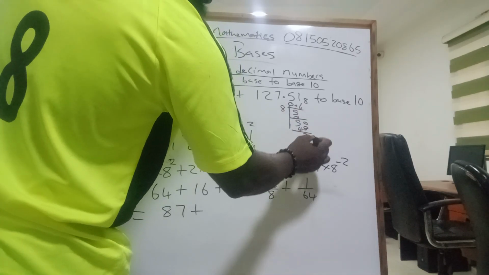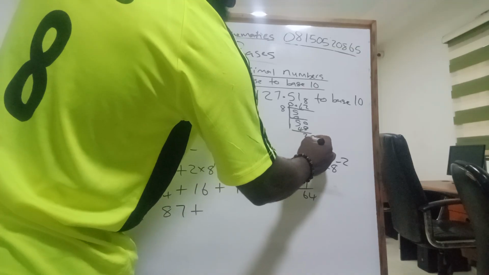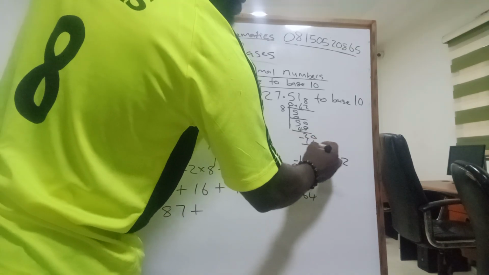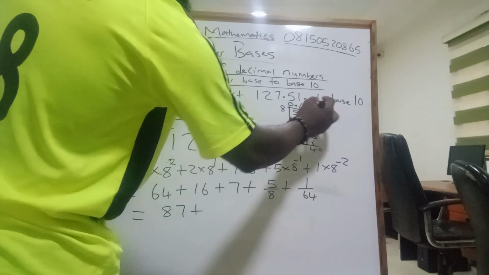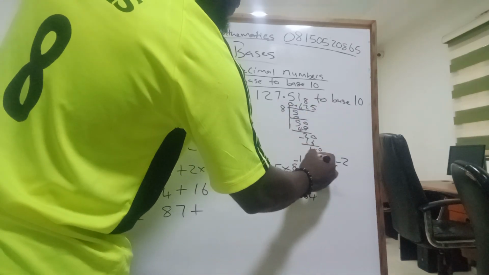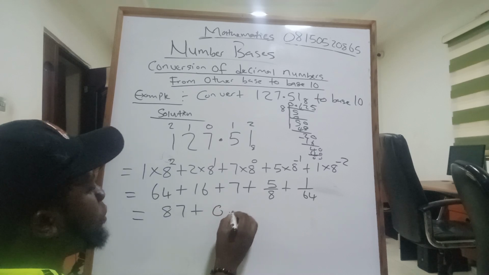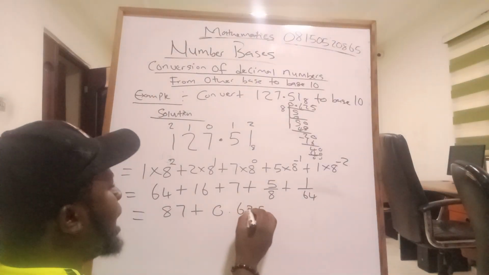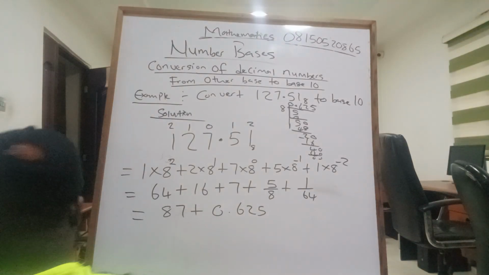You add 0. 8 in 20, that's 2. 2 times 8 is 16. Subtract, you have 4. You add 0 again. 8 in 40, that will be 5. 5 times 8 is 40. You have 0, 0. So therefore, this is the same thing as 0.625. So let's go to the other part.